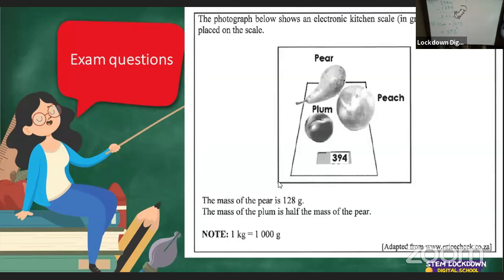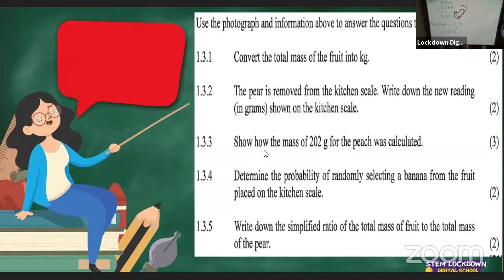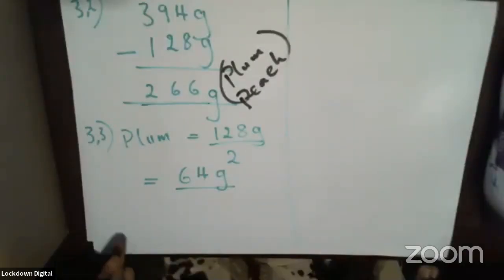Okay, so we are to show how the mass of 202 for the peach was calculated. So we want the mass of the peach. We already have the mass of the plum. So we know that this value we have here is representing the mass of both the plum and the peach. So we want to figure out how we can calculate.